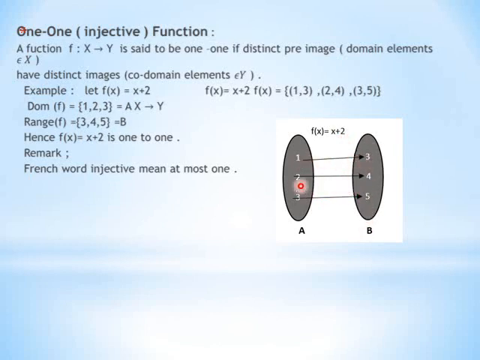Distinct pre-images have distinct images, so that is called one-to-one. So x + 2 is a one-to-one function.